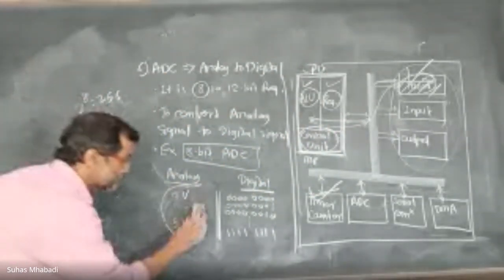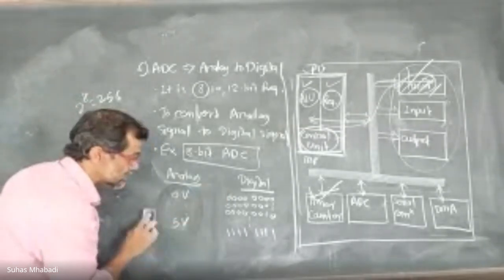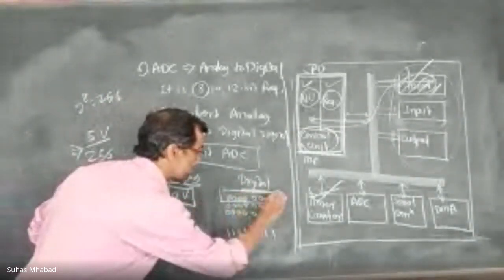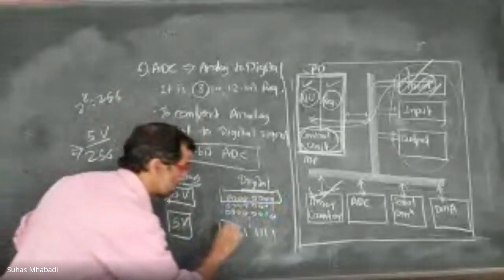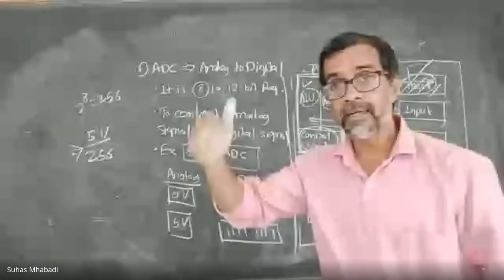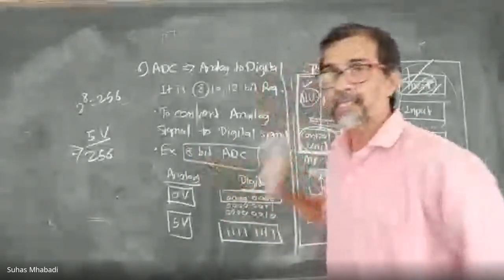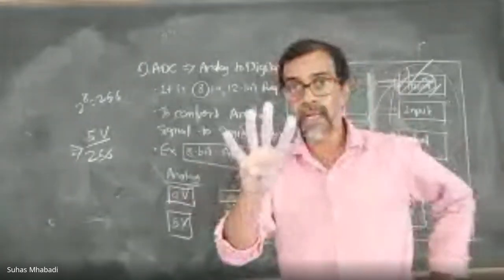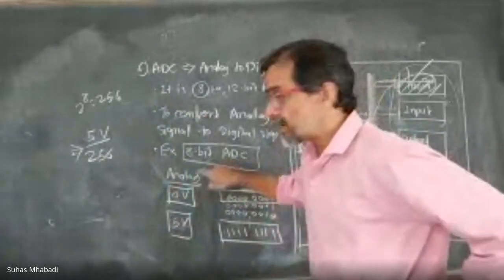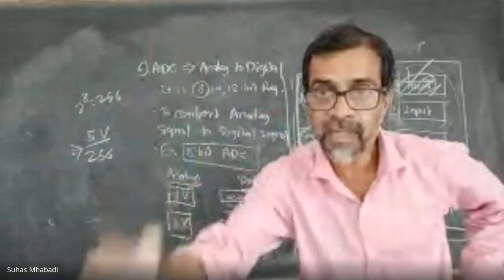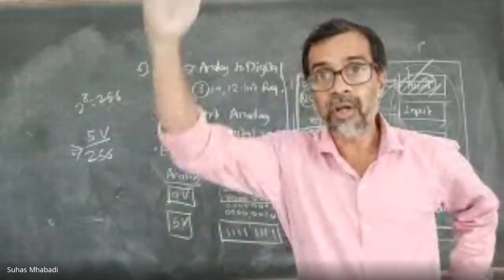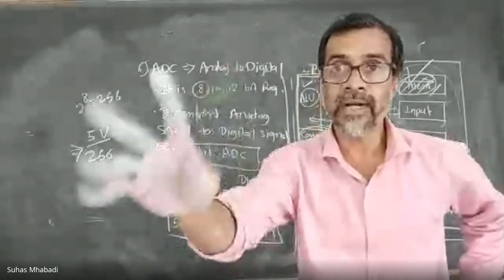I mean to say this is a simple register which converts the analog signal to a discrete signal, and the number of steps depends on the bit size. If this is a 4-bit ADC, the number of steps is 16. If this is an 8-bit ADC, the number of steps is 256. If this is a 10-bit register, the number of steps is 1024.